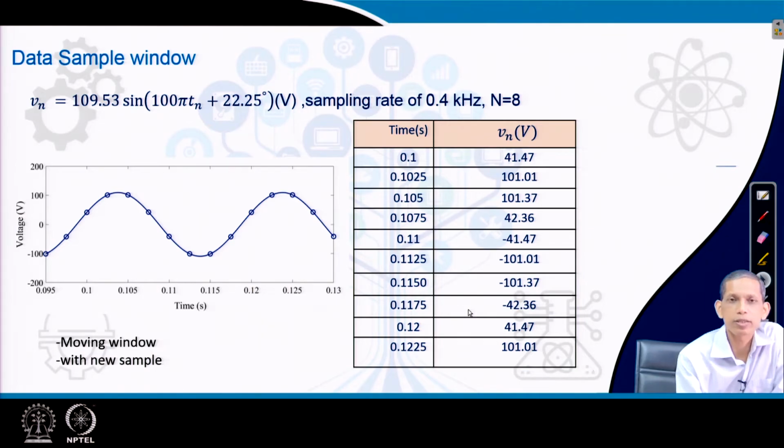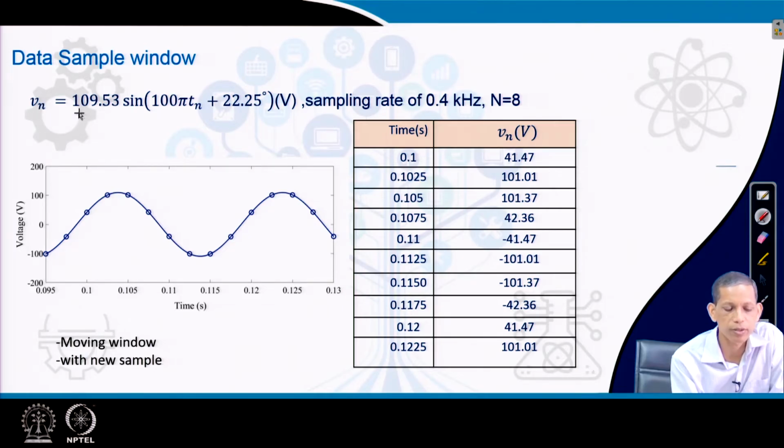Let us consider a sinusoidal voltage signal V equals 109.53 sine of 100 pi t plus 22.25 degrees, which the processor acquires through the A to D process as samples.